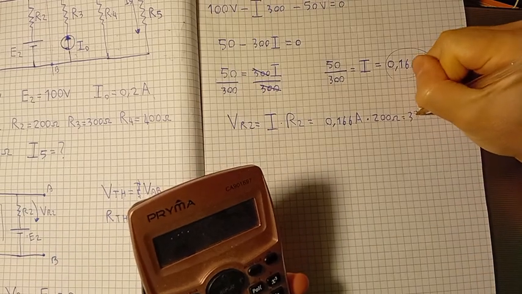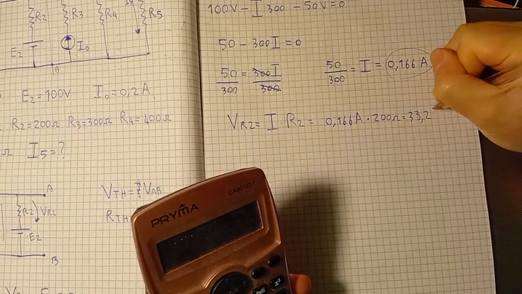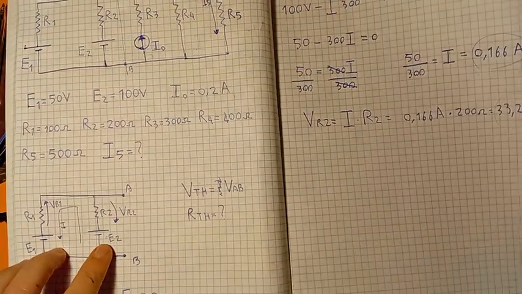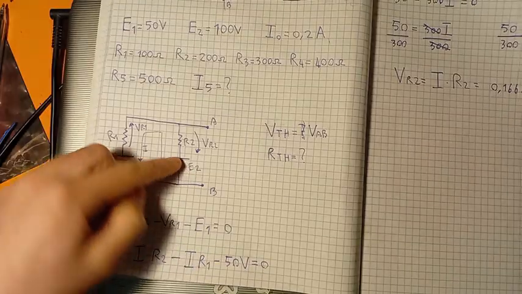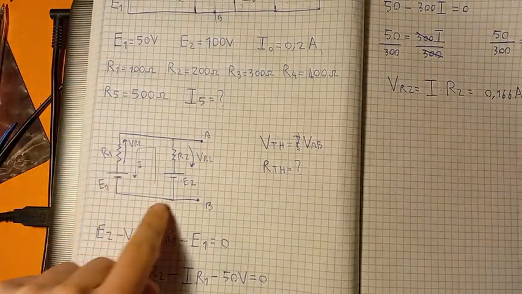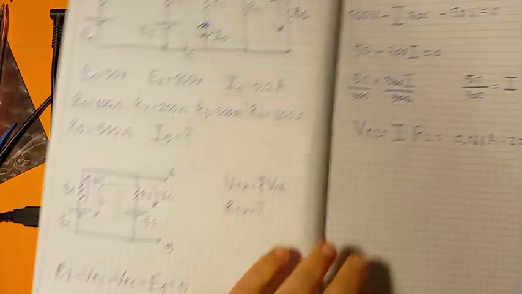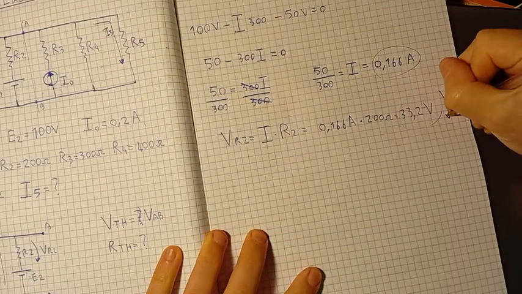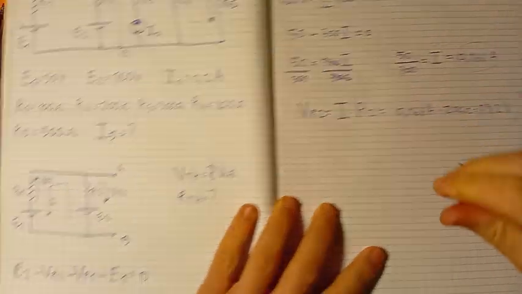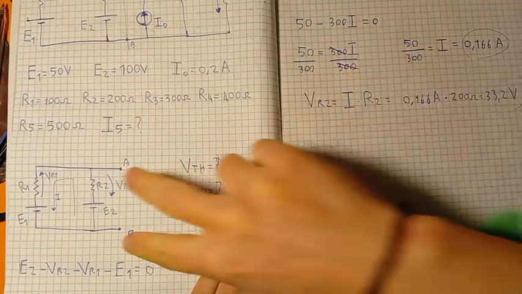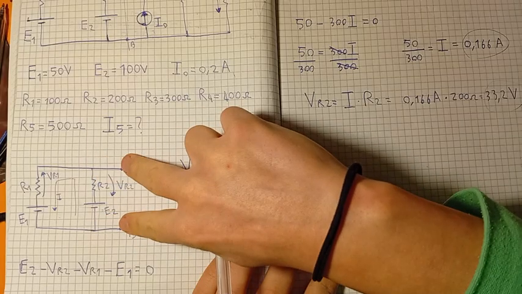The value is 33.2 volt. This is the voltage drop on R2, and the direction of the voltage drop is this, because we have a current flowing in this direction. So here in this exact place, let's just consider this place.